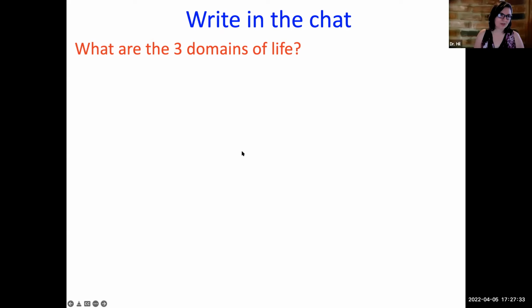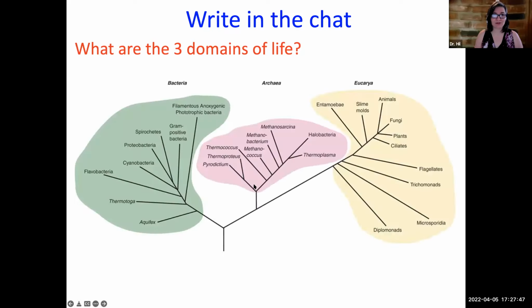Okay, so it is bacteria, of course, which is going to be the main focus of this class. Archaea, which are bacteria-like, but they have a couple of chemical differences, but they're very similar otherwise. And then eukarya, which includes us and some microbes. So it's a very diverse group. So here are the 3 domains of life: the bacteria, the archaea. They're so similar to bacteria, you cannot distinguish between bacteria and archaea using a light microscope.